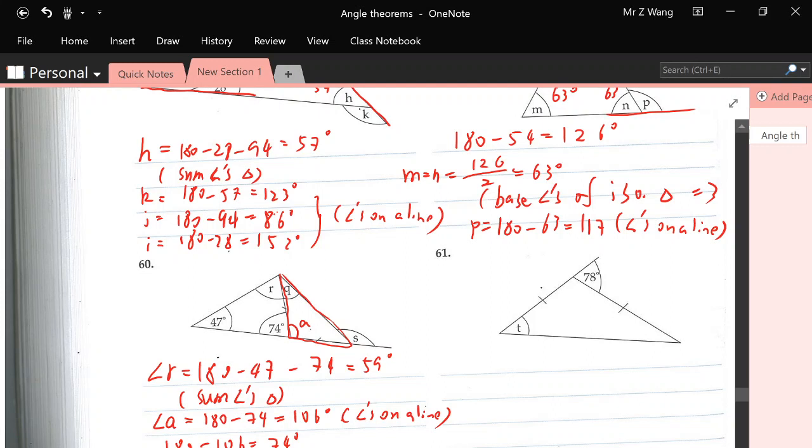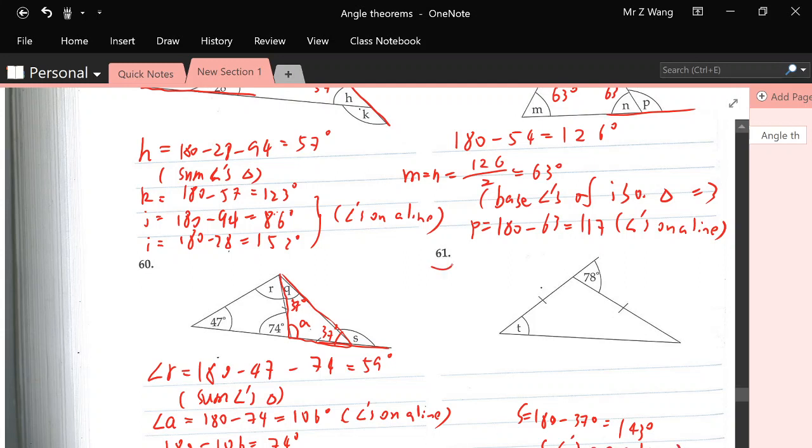Now this is base angles of isosceles triangle equal, right? Now if Q is 37 and this angle is also 37, then S can be figured out using angles on a line, right? So S equals 180 minus 37, which is 143 degrees. Now angles on a line.